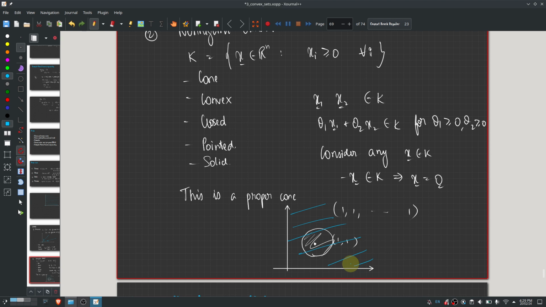So as long as I can draw a solid ball inside the particular cone, no matter where it may be, it is a solid cone. So this is an example of a cone that is convex, closed, solid and pointed, and therefore it is a proper cone. Any questions?